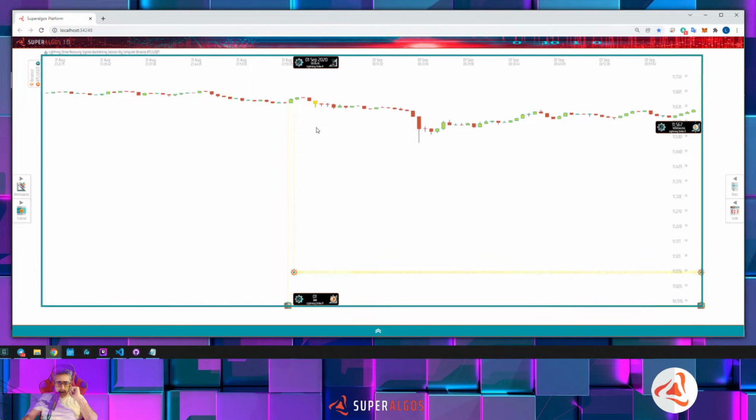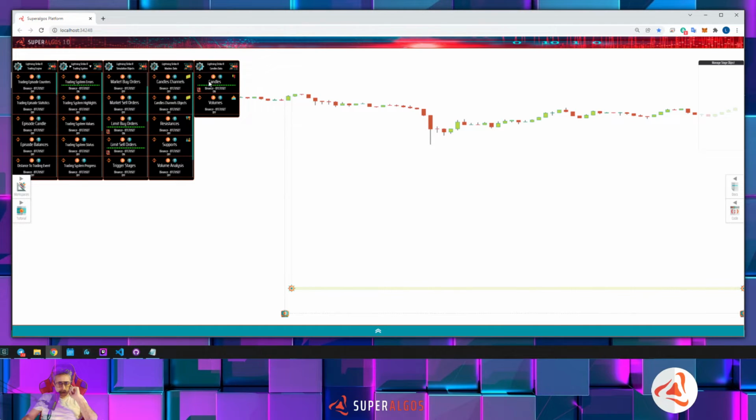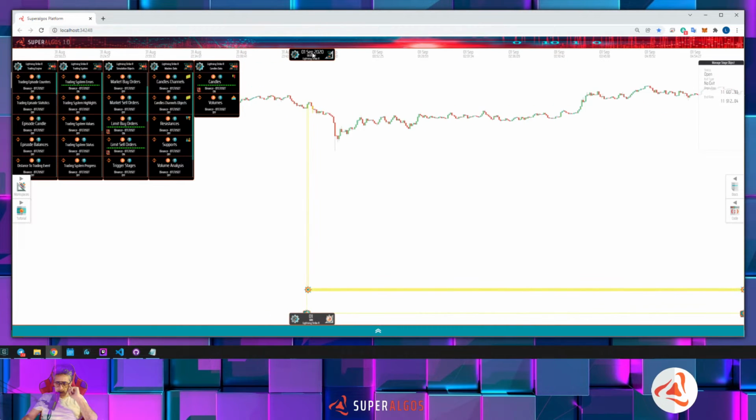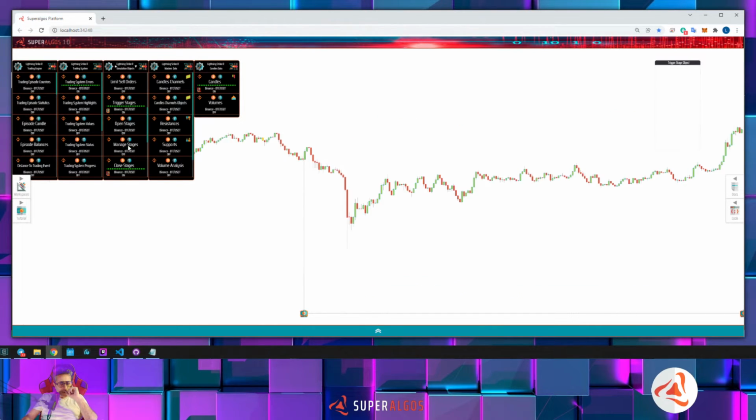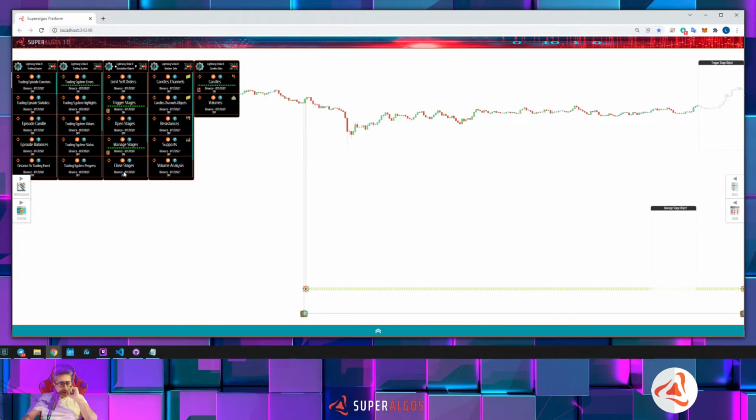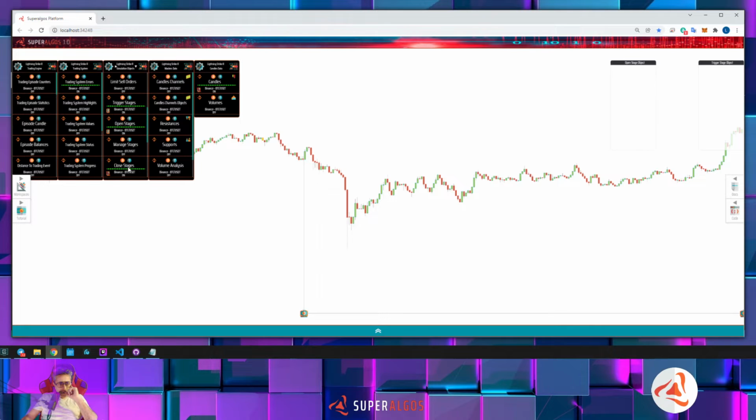But there are no errors now. Why is it not showing anything? Trigger stages. I don't see the open stage. Something's not good.